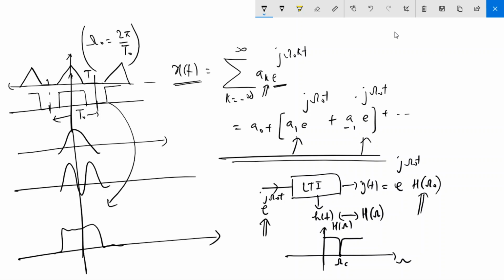Now if I pass the signal e raised to the power j omega c t through this system, my output will be zero, because at this frequency the response of the system is zero. This is multiplied with zero, so you get zero output. This is how the system acts as a filter. When you want to pass or stop a particular frequency, you have to design a system such that at that frequency the response is zero or not zero accordingly.